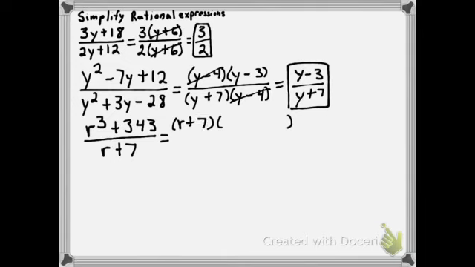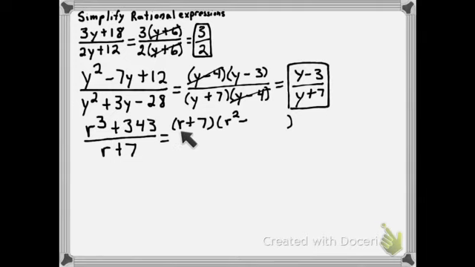Now to fill in the trinomial, remember that is really based on this binomial. And so first thing we're going to do is we're going to square this first term. So square the r, and we get r squared. The sign that we're going to use is the opposite of this one. And so the opposite of the addition is to subtract. The middle term is going to be these two terms multiplied together.